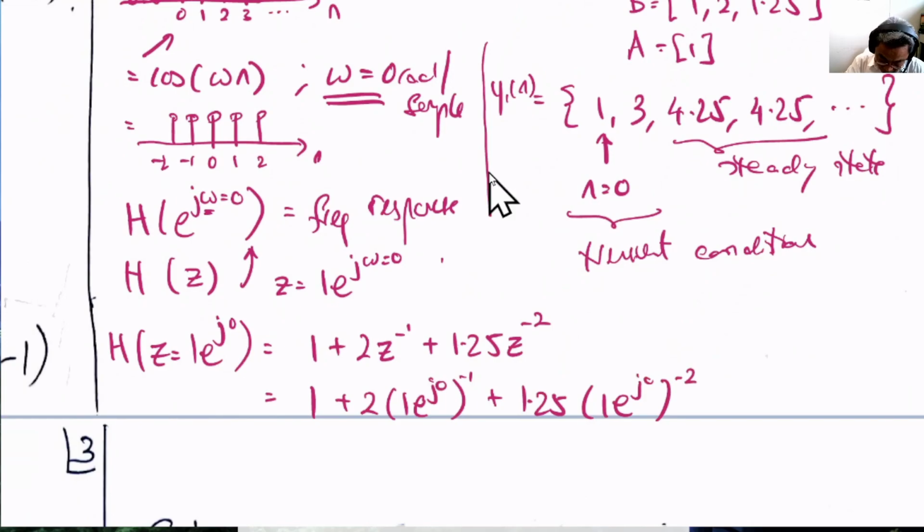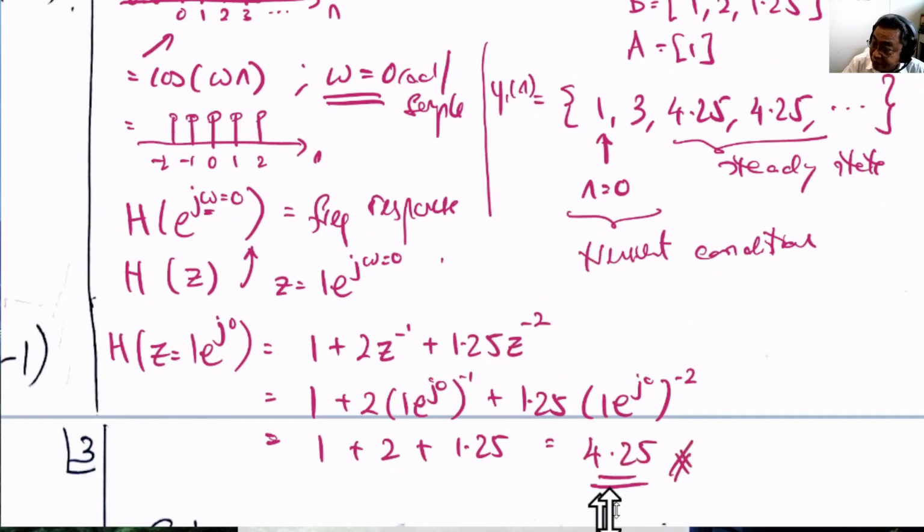You realize this is very simple. 1·e^j0 is 1, 1 over 1 is 1, and likewise for the square. So basically it's 1 plus 2 plus 1.25, and the answer is 4.25.